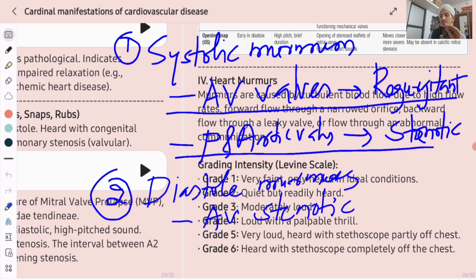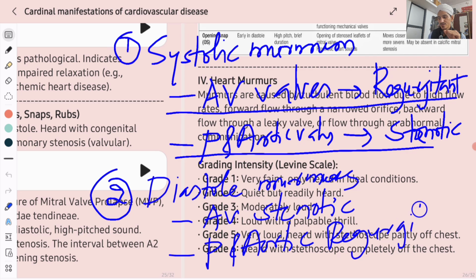AV stenotic murmurs, meaning mitral stenosis and tricuspid stenosis, will have murmurs in diastole, and pulmonary and aortic regurgitant murmurs are heard during diastole. Why? Because those valves are closed, so if there is regurgitation, murmurs will be produced during diastole.